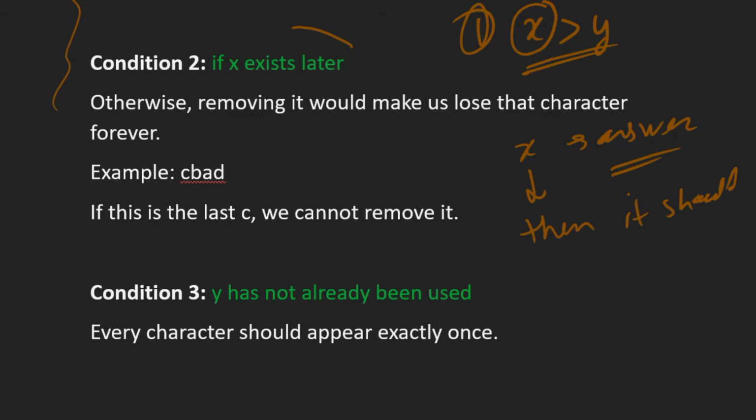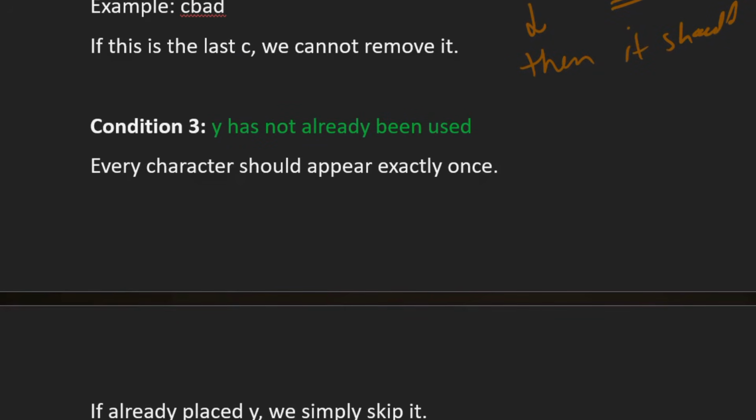So the second condition is that X exists later, right? Because if X is not present in the future and we remove it, then we lose the character, and then we cannot include that in the answer, so our condition that all the characters are added to the answer will be false. So this is the second condition.